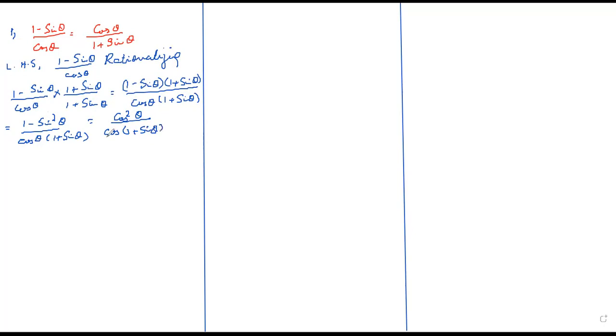You can clearly see that cosine theta cancels with cosine theta and we are left with cosine theta divided by 1 plus sine theta, which equals the right hand side. So left hand side equals right hand side, so it is proved.